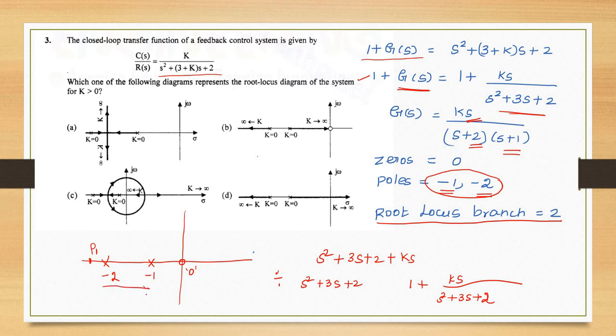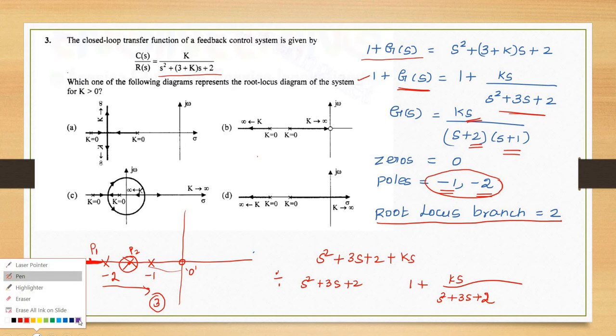To the right of this point, how many poles and zeros exist? An odd number of poles and zeros, so there will be a root locus path. Here this is the path. Next I consider the point P2. There are 2 only, an even number of poles and zeros, so there is no root locus at this point.